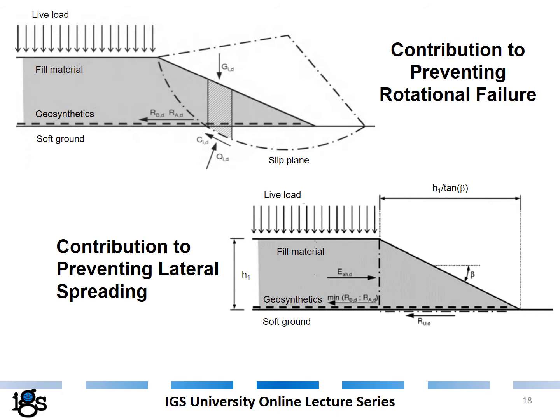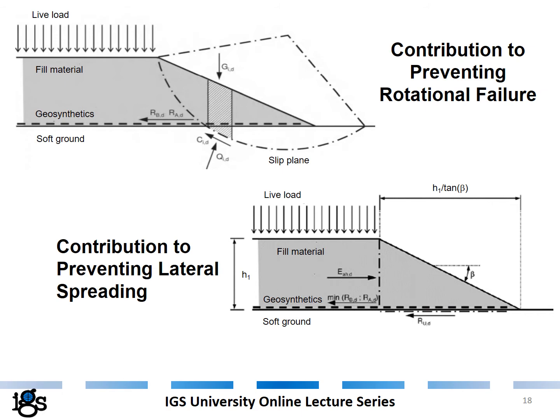The first one is the contribution to prevent a rotational failure. If such a failure plane tends to develop, it has to rupture the geosynthetic reinforcement at the base. So, a tensile force develops which creates a moment around the point of rotation, which is in the preventive direction.